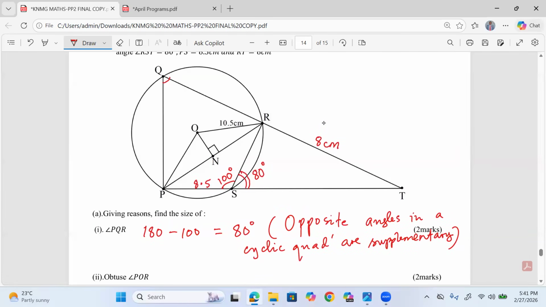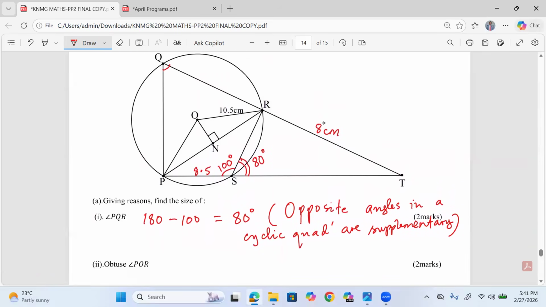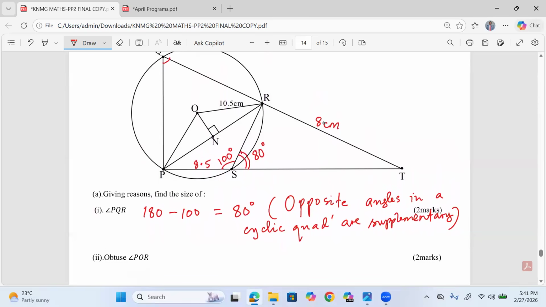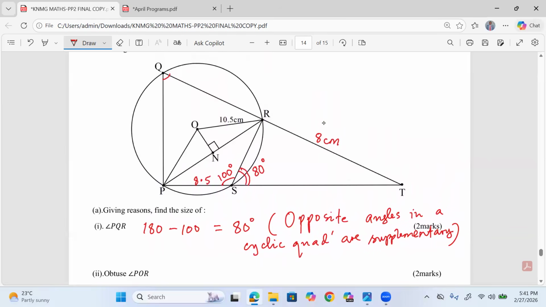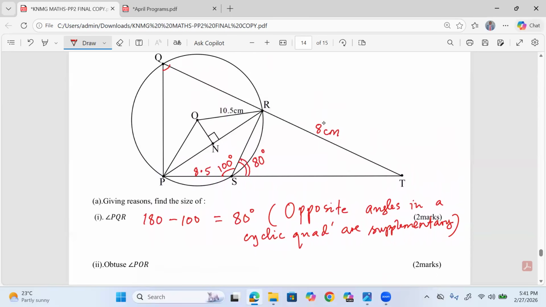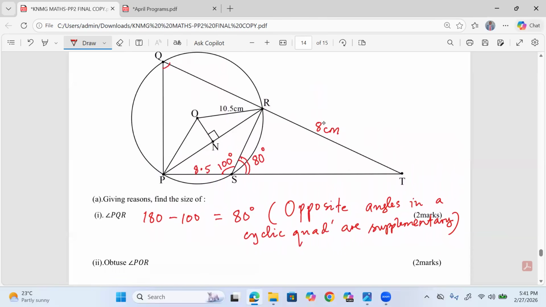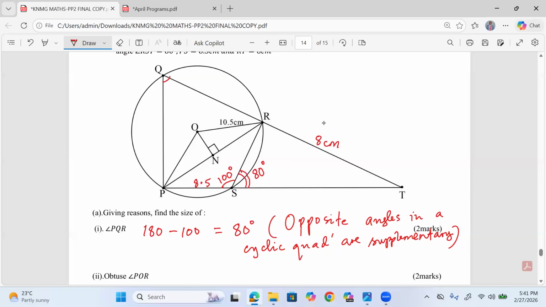Something else that we are finding is the obtuse angle POR. When you talk about obtuse, it means an angle that is greater than 90 but less than 180. So POR, now we mean this one.